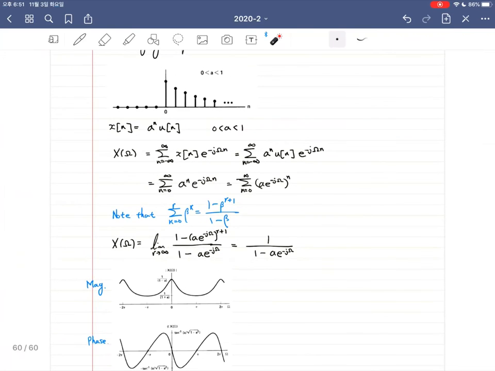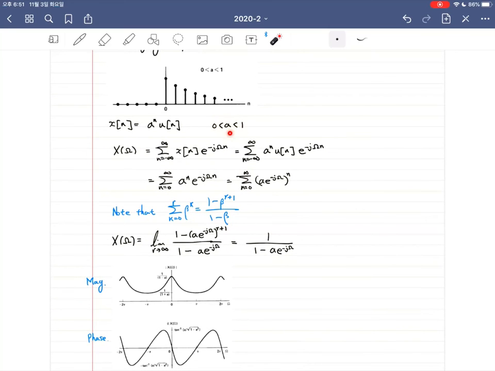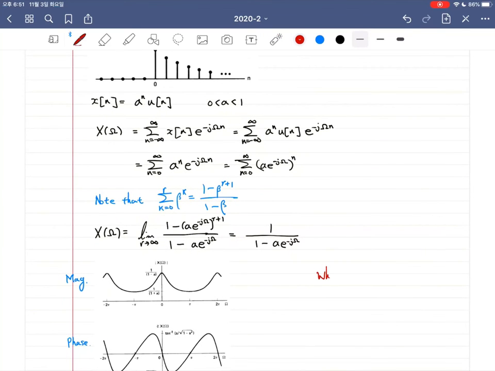Just one more thing about this example. What if a is from minus 1 to 0? What if it's a negative value?